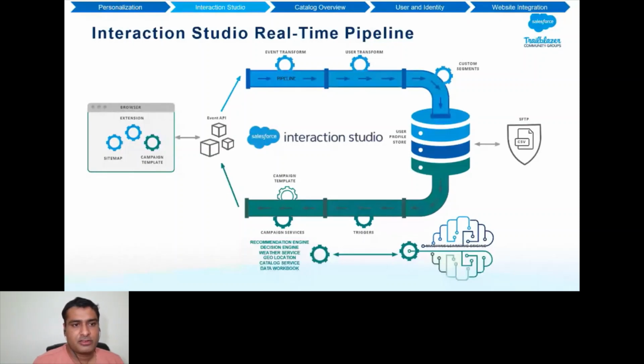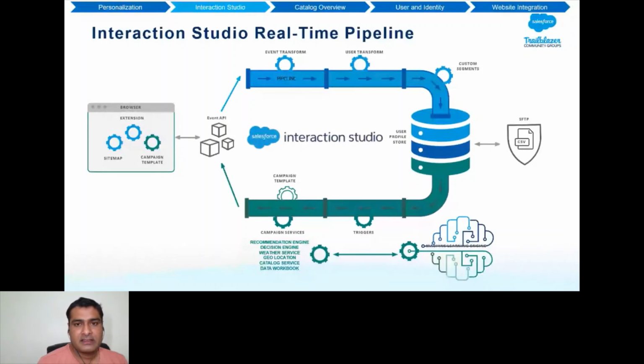When that event occurs, this event goes to the Interaction Studio pipeline, where Interaction Studio starts looking at what event has occurred. Then it does the stitching, or unification, of that profile, whether that's an anonymous user or a known user, and that identification for that user is done using identity attributes.